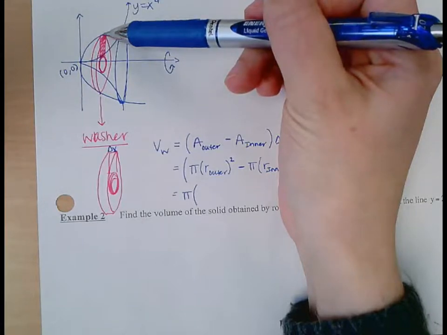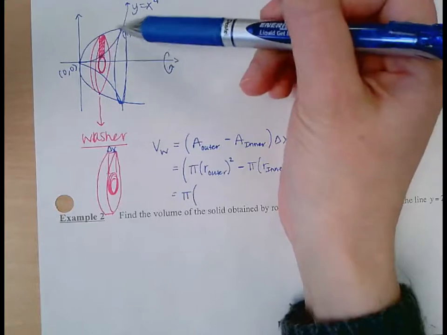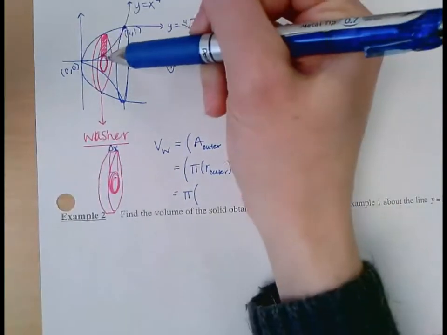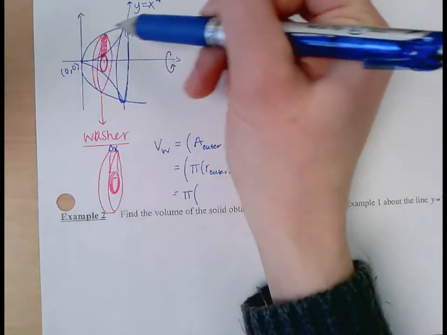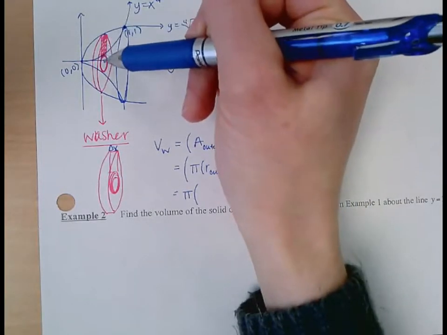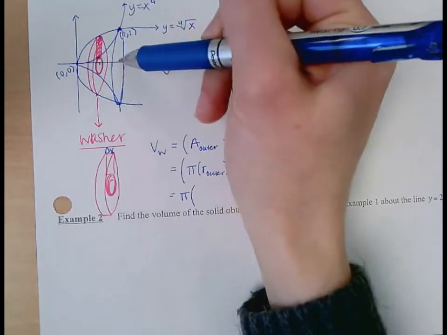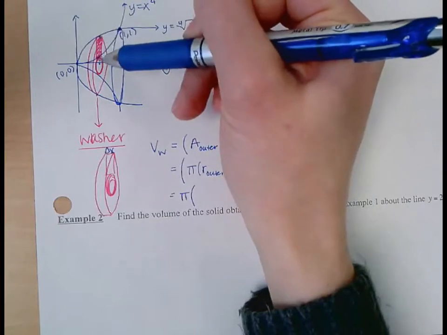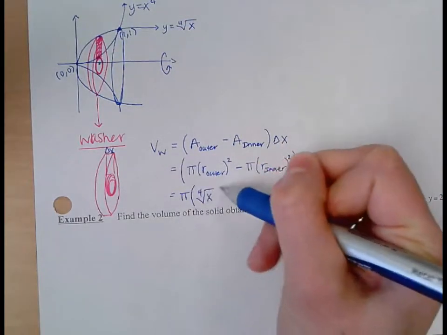So it would be from the x-axis up to that topmost curve, which is the fourth root of x. That distance, top minus bottom, is the fourth root of x minus the x-axis, which is just y equals 0. So that outer radius is the fourth root of x.